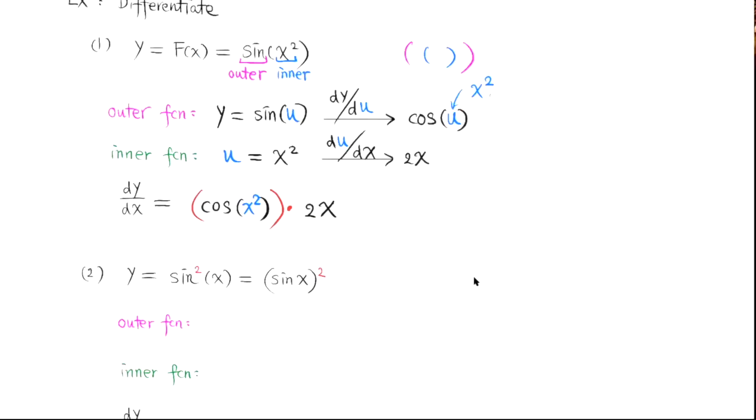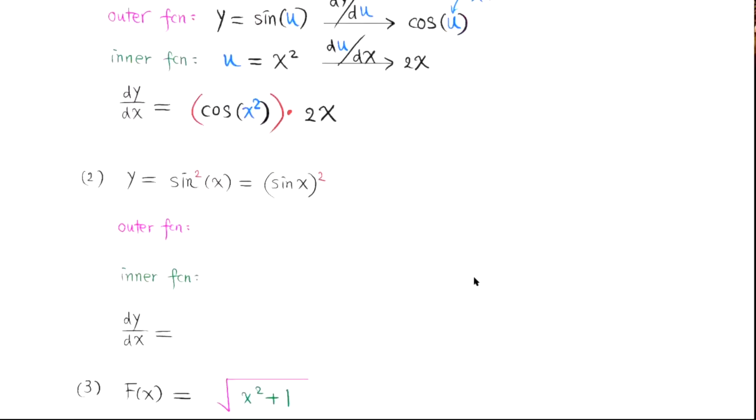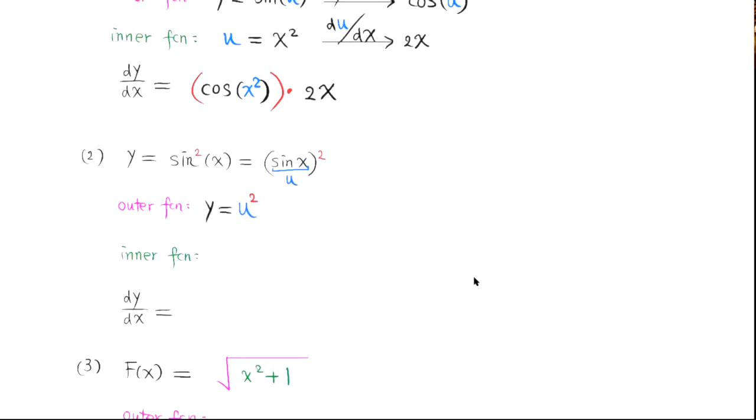Okay, the next one. For this one, the outer function over here is what? Well, the inner function is this sine of x, okay? So the outer function here is u squared. The square function is the outer function. The inner function here is sine of x.